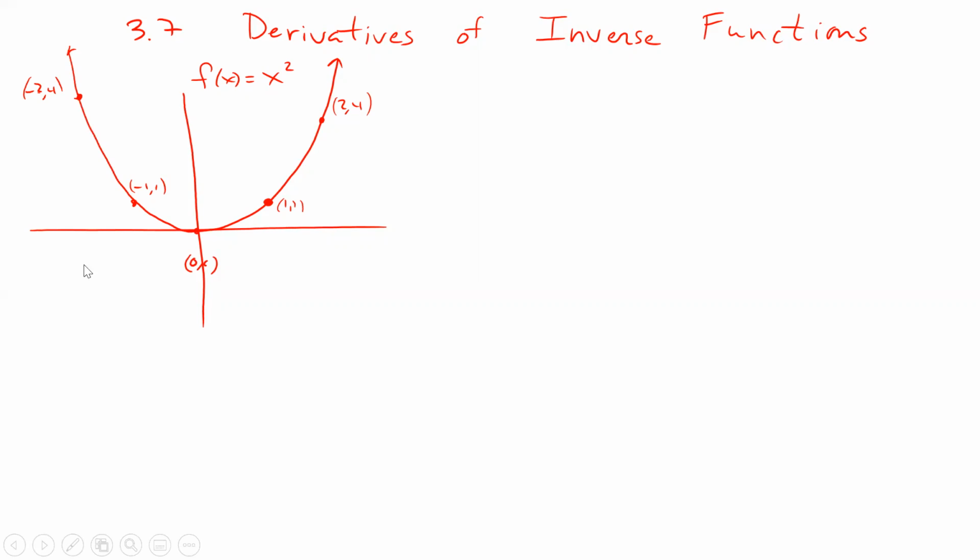The vertical line test proves that something is a function. So if you go up and down like this, it only hits at one spot. The horizontal line test is to prove that the inverse function is a function. Does this guy pass a horizontal line test? No way. So if it doesn't pass a horizontal line test, what can we do? We can cut it in half, or restrict the domain. That's what we do.